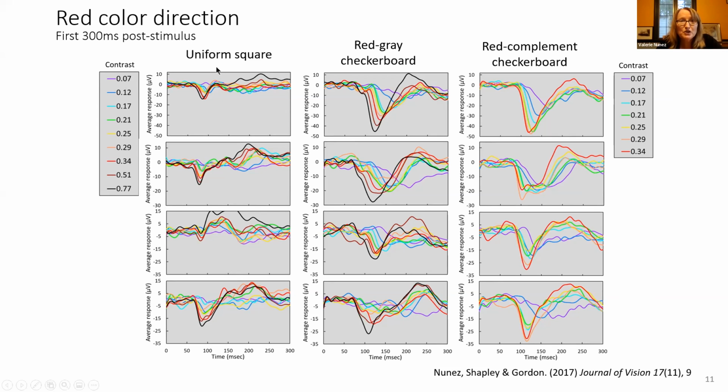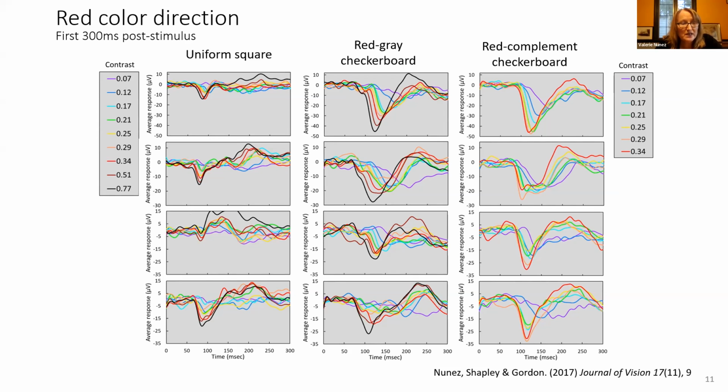While you can see that there is some individual variation among responses from different participants, the waveforms do show similar features. For the uniform square, there is a small early negative peak around 100 milliseconds. The latency of the peak is fairly constant for all the cone contrasts. The red-gray checkerboard seems to show the early peak as well, though the main feature is a much larger later negative peak, which sometimes overlaps with the earlier peak.